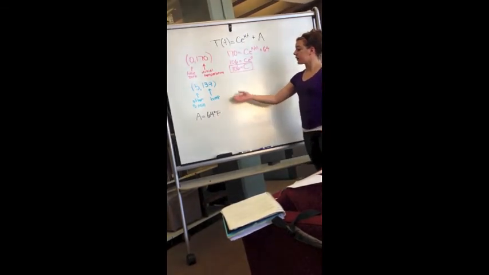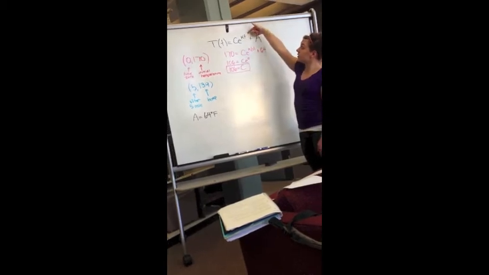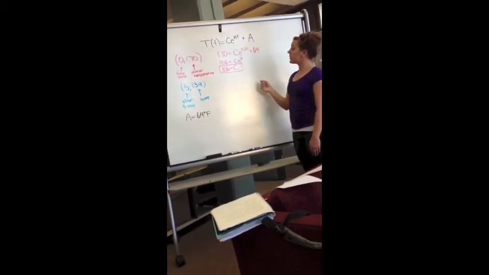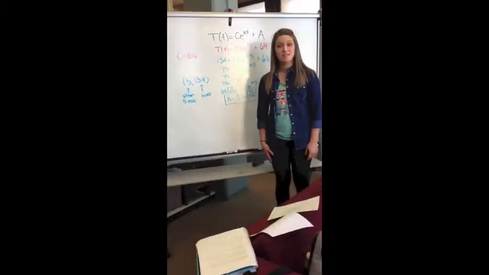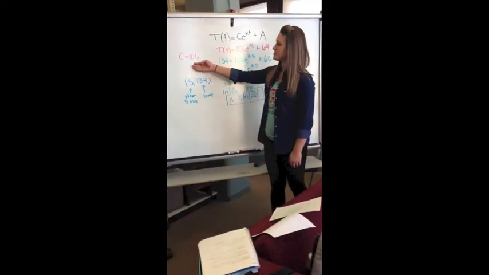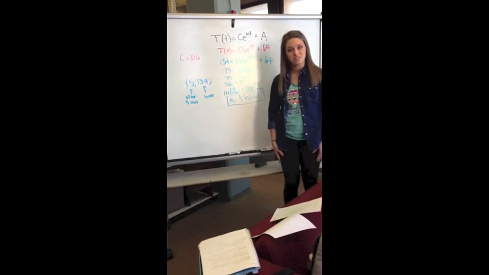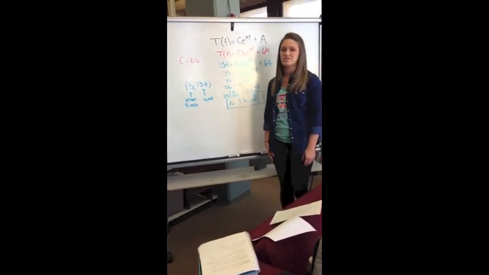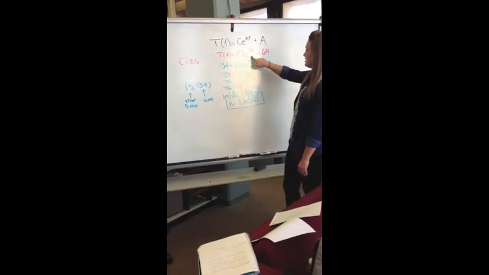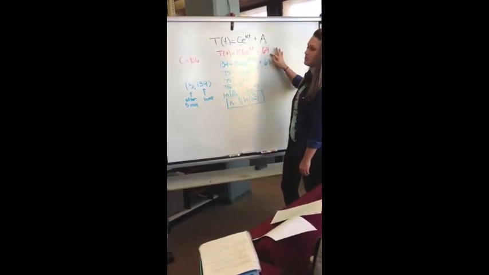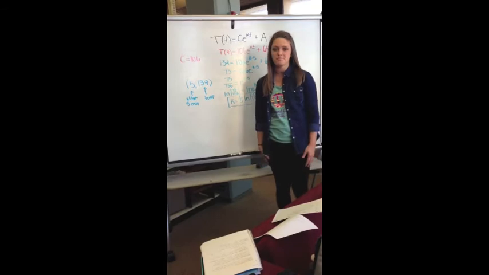We now take our new variables and plug them in to T of t. Then we use those to solve for C, and C equals 106. Now that we know C equals 106, we can alter our equation by plugging in 106 for C, which we show here: 106 e to the kt plus 64, which is our ambient temperature.